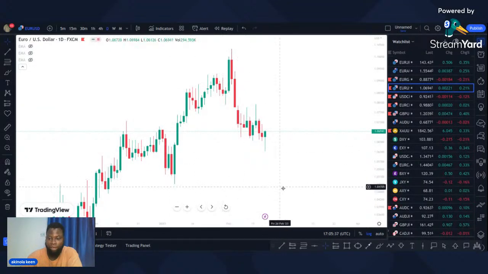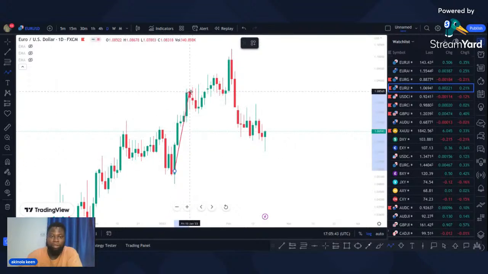The price makes this high, makes this little retracement, makes this high, makes this little retracement, then forms a highest high. Then the price breaks the initial low.